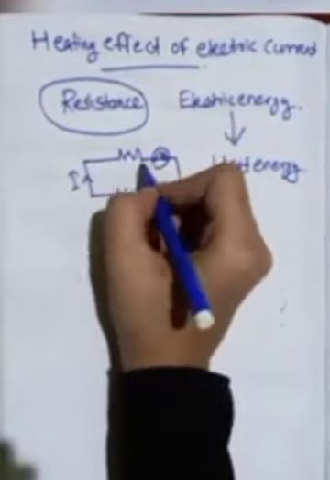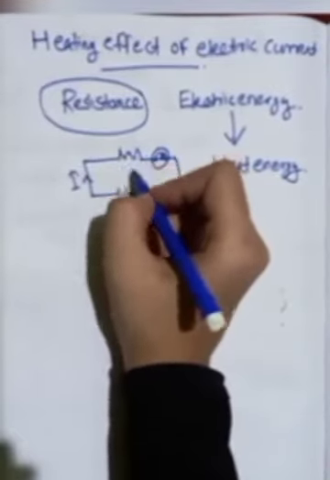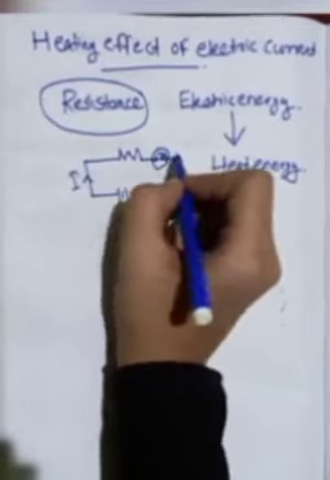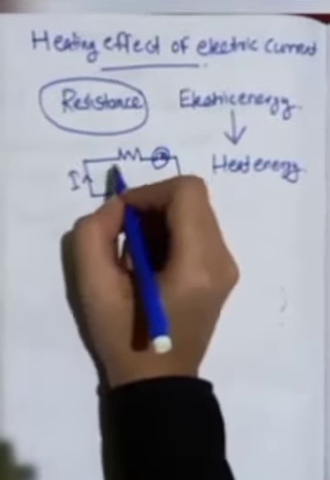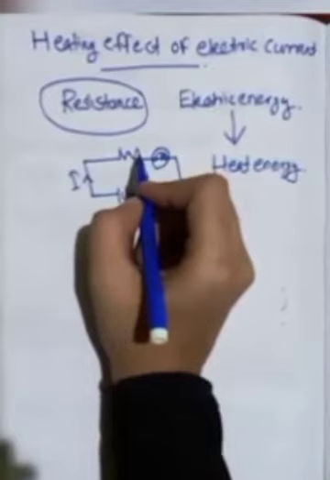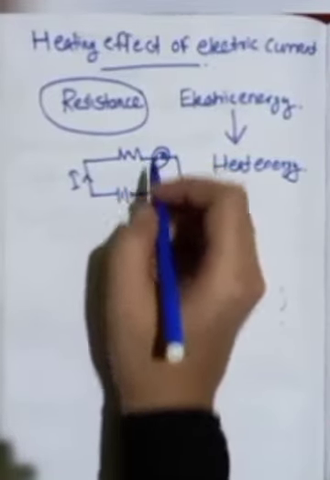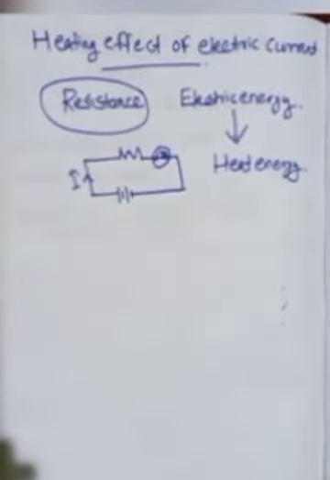We know the resistor is a wire, and this wire gets heated when current flows through it. That is, the electrical current is converted into heat energy. Okay, hope that is clear. That was only the concept of the heating effect of electric current.